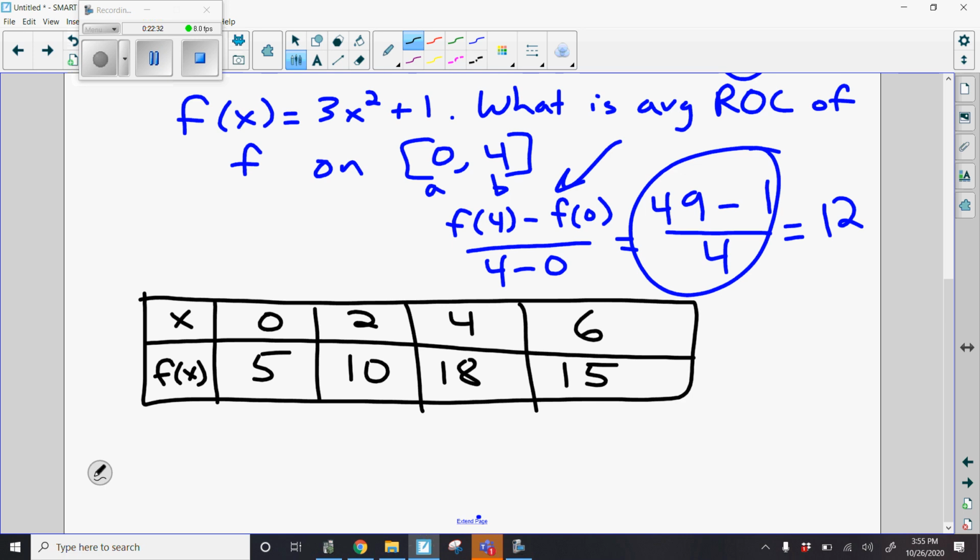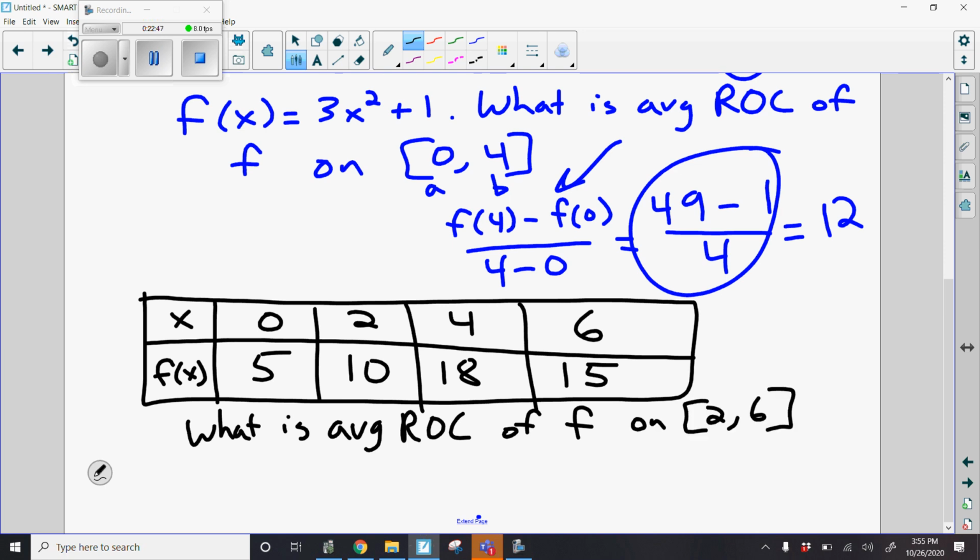They might say, what's the average rate of change of f on, let's say that we say 2, 6. Well, again, this is very simple. This is our A. Our B. We'll simply say, okay, well, this is going to be f of 6 minus f of 2 over 6 minus 2.